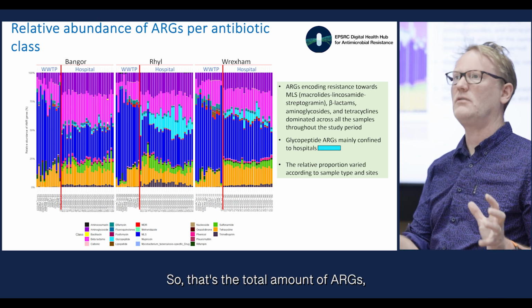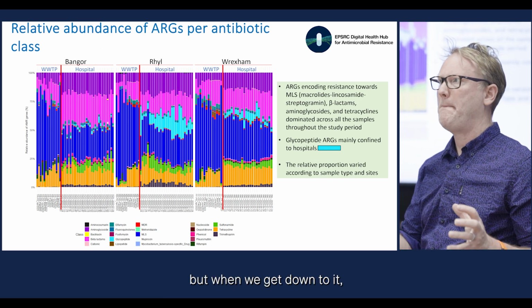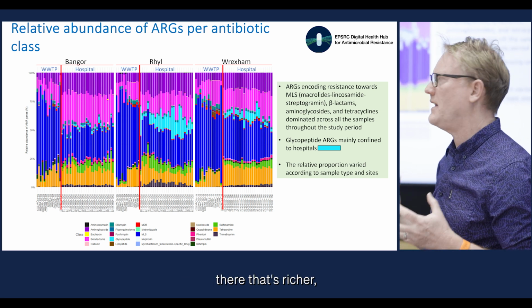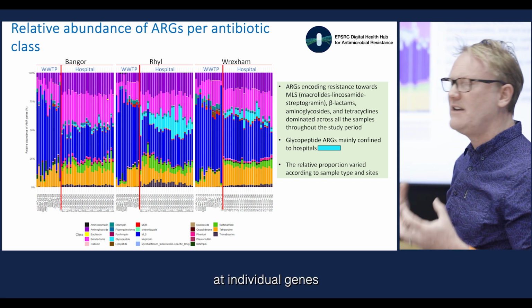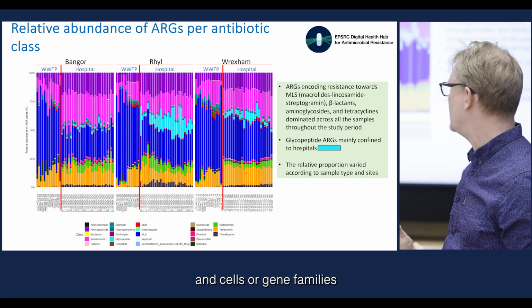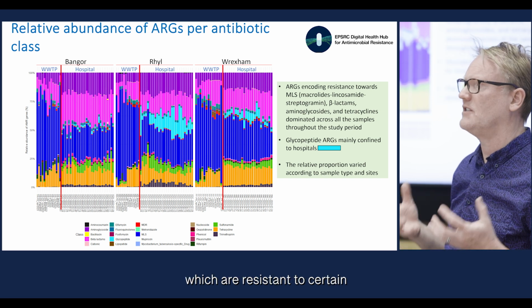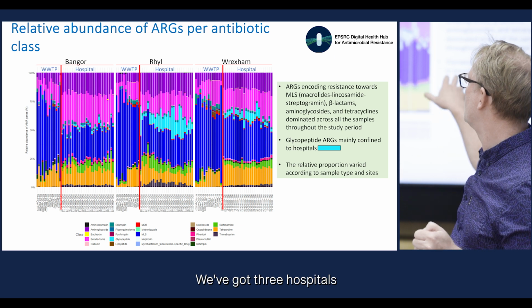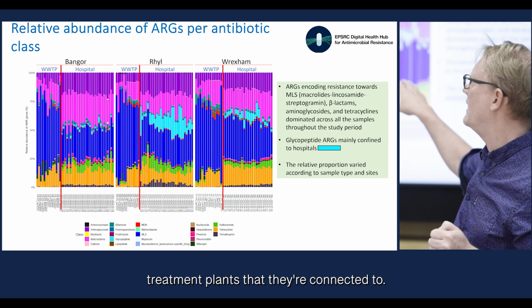So that's the total amount of ARGs. But when we get down to it, we can see there's a lot more information in there that's richer, that looks at individual genes or gene families which are resistant to certain antibiotic groups. That's what we're looking at here. We've got 3 hospitals and 3 wastewater treatment plants that they're connected to.